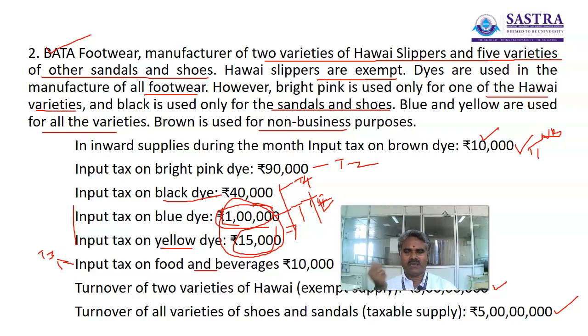All of you download the GST app on your cell phone whenever you have time. Sign in and read the information. Read about the sections and rules which are available in GST.